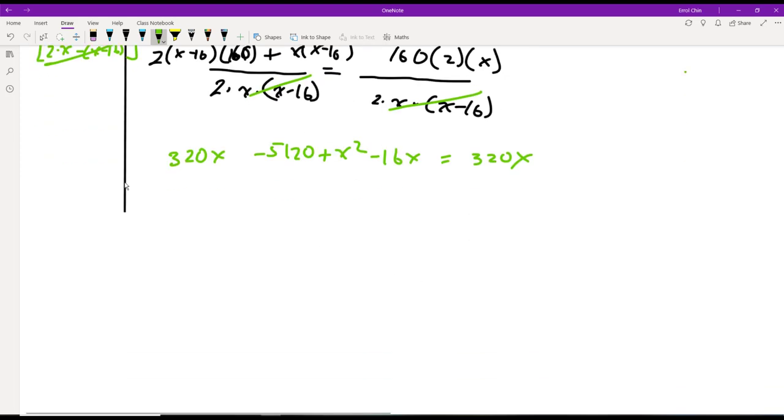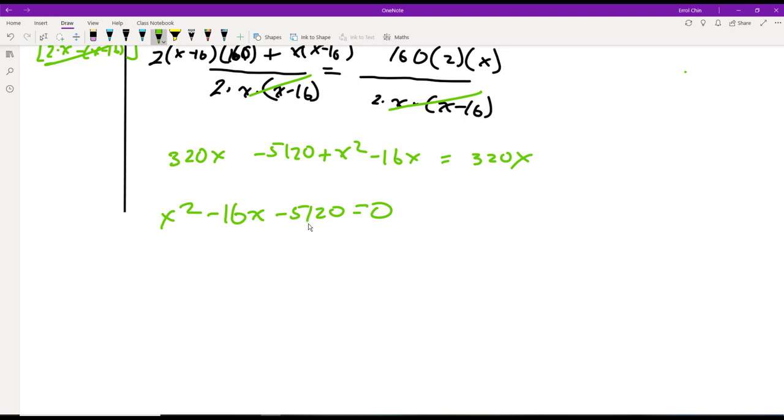Now, right, the denominators are now gone, and so if we simplify this, this becomes x squared minus 16x minus 5120, and all of this is equal to 0.